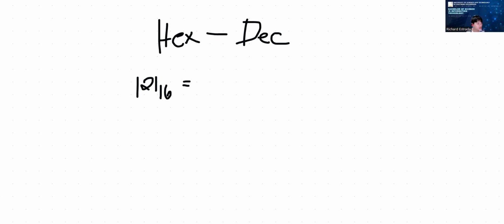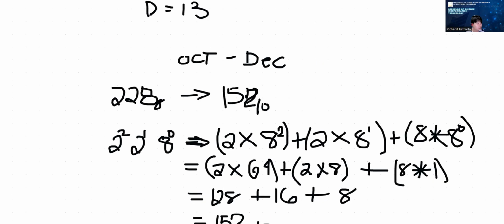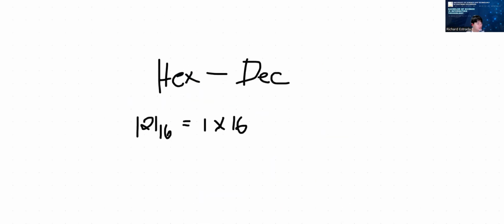So let's convert. 1 times 16. Earlier it was 8 because it was octal, now it is 16 because it is hex. Its position is 0, 1, and 2, so this one is 2. Plus the digit 2 times 16 to the 1.